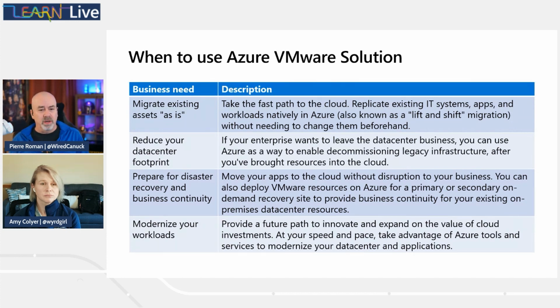Migrating to Azure VMware Solution is step one. You're not yet taking advantage of the cloud native solutions, but you're that much closer to them, so you can start leveraging them, and it buys you time.